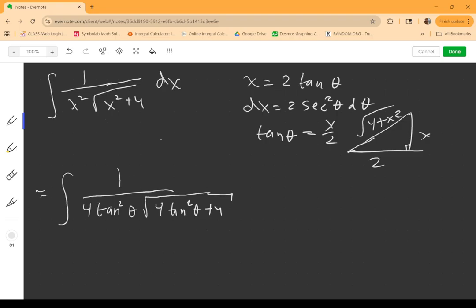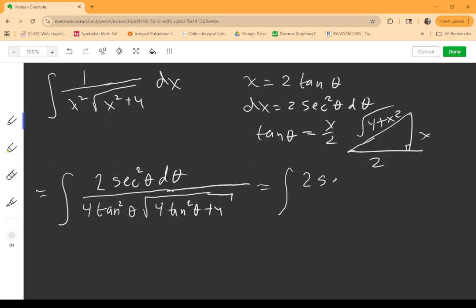And then dx, I'll just write my dx up here in the numerator: 2 secant squared theta d theta. All of that is dx. I know it looks like a lot. Let's start simplifying so that we have the reduced form, which should be more straightforward than our initial integral to solve.